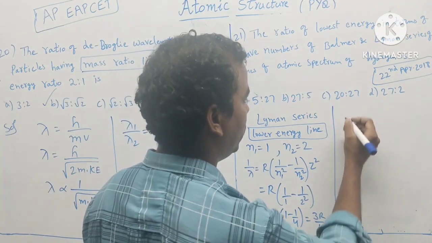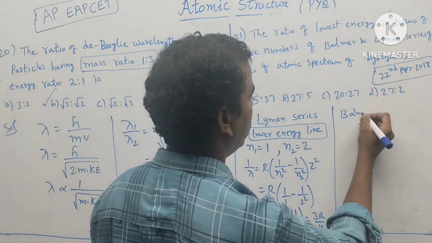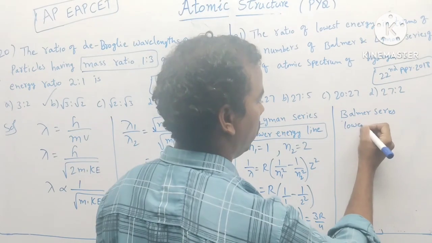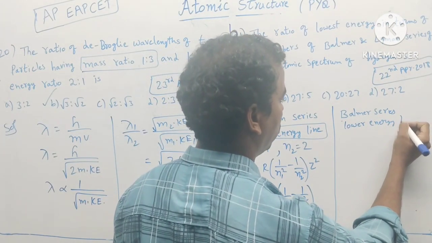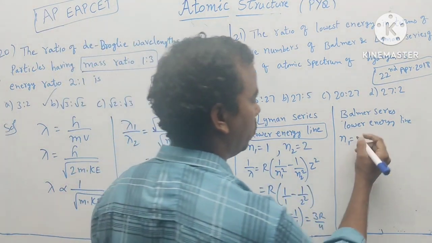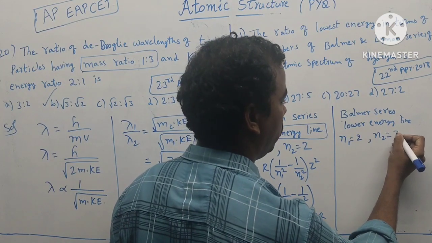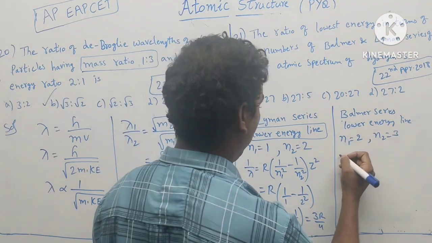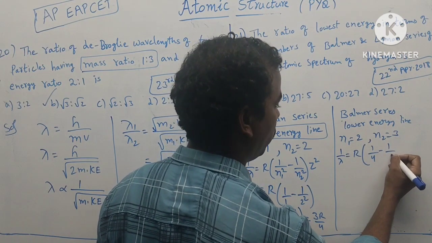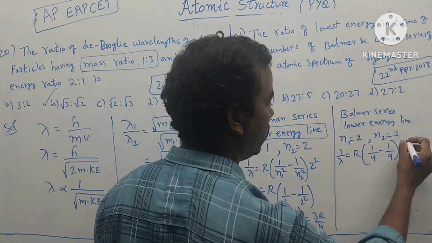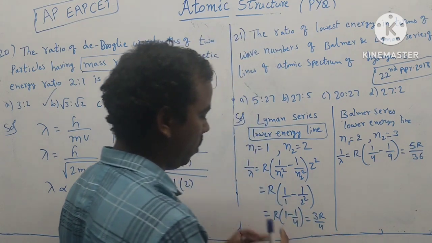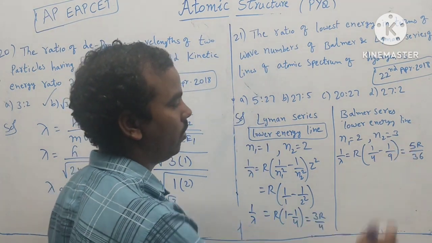So next for Balmer series, lowest energy line. n1 is 2, n2 is 3, 3 to 2 is the first line. So 1 by lambda is equal to R into 1 by 4 minus 1 by 9. So that equals 9 minus 4, 5R by LCM 36. So here 1 by lambda is 3R by 4, here 5R by 36.